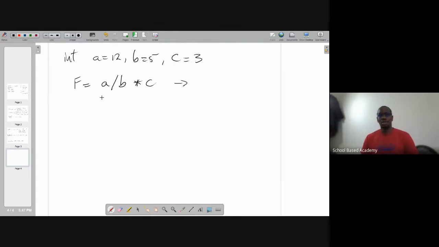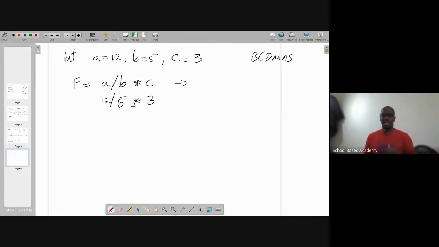So we have 12 divided by 5 multiplied by 3. We know according to BEDMAS, brackets, exponents, division, multiplication, addition, subtraction, we do the division first.